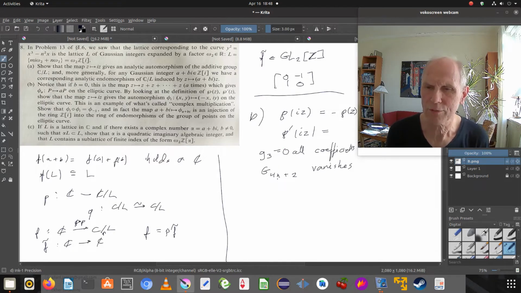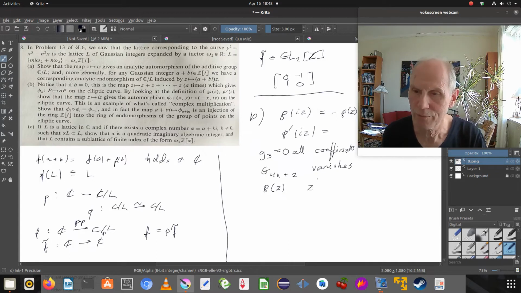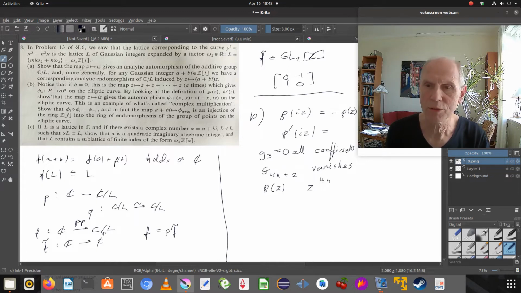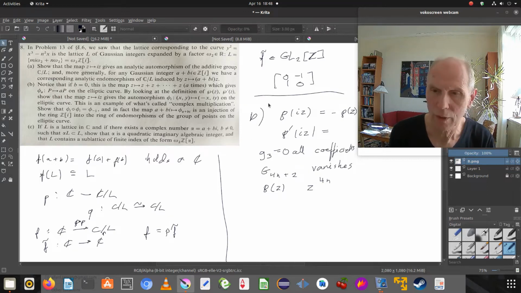So that's, of course, n equals 1 we get there. So a higher guy in the expansion of the Weierstrass function occurs with z to the order 4n. So G6 comes with z to the 4th. So I want to show they all vanish.